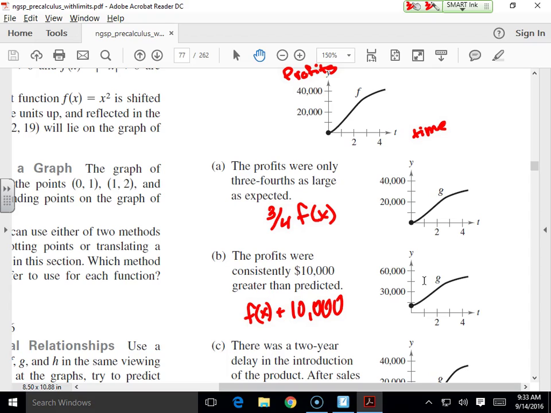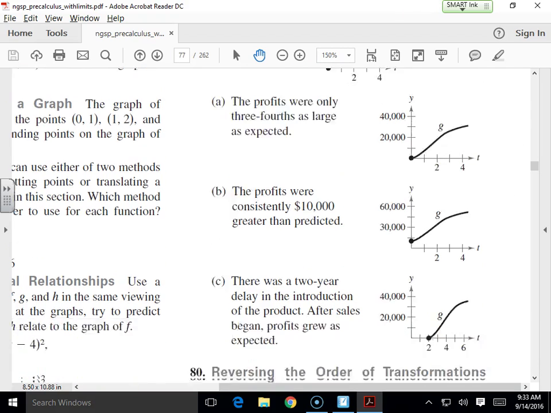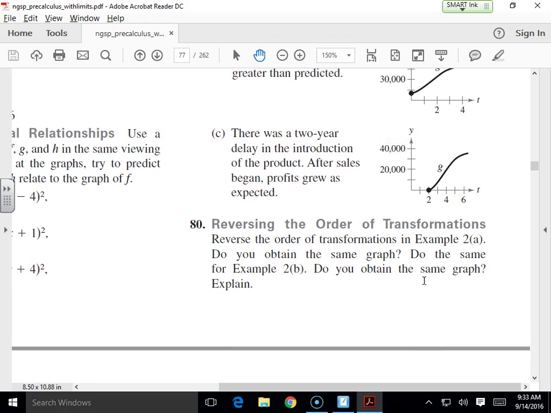And then sadly in letter C, now I have to erase all this fun stuff that I wrote, but that's okay, we got this, right? Letter C, it says, there was a 2-year delay in the introduction of the product. That's practical. Every now and then there's a delay, so it doesn't get released as soon as they would have liked. So if it's a 2-year delay, once again a shift because it's been removed from the origin.